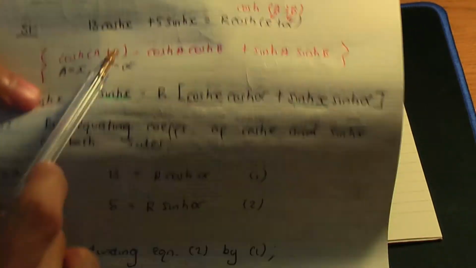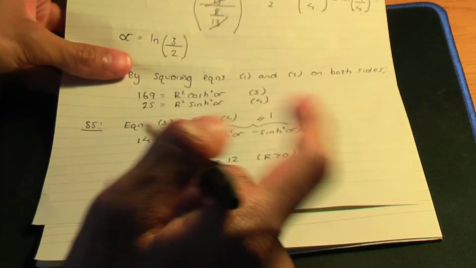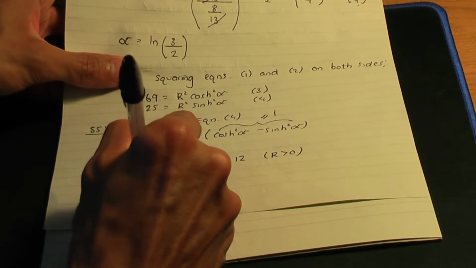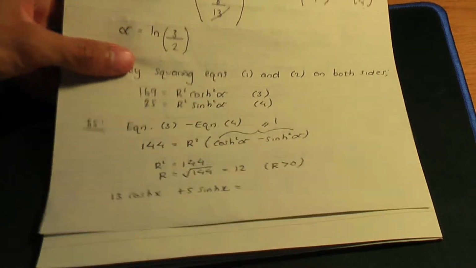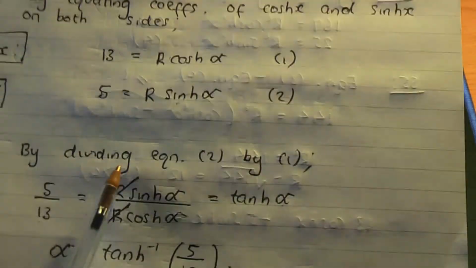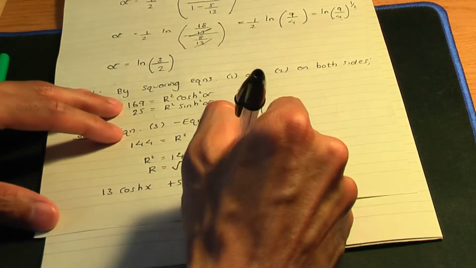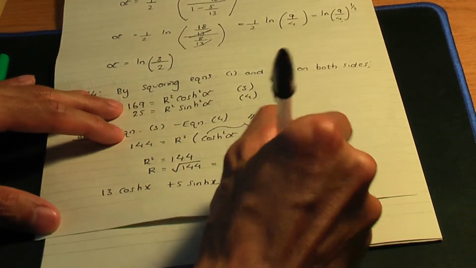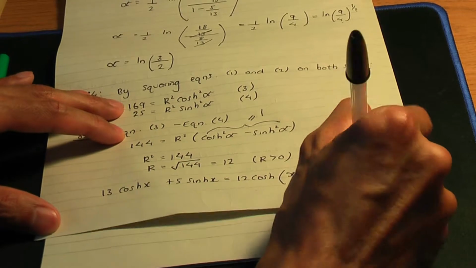In this case, we're going to have 13 hyperbolic cos x plus 5 hyperbolic sine x, and that is the same as, the r value is 12, so r is 12 hyperbolic cos x plus, and the alpha value we worked out in terms of ln, that was ln 3/2. So that's the same as r being 12 hyperbolic cos x plus alpha value ln 3/2.